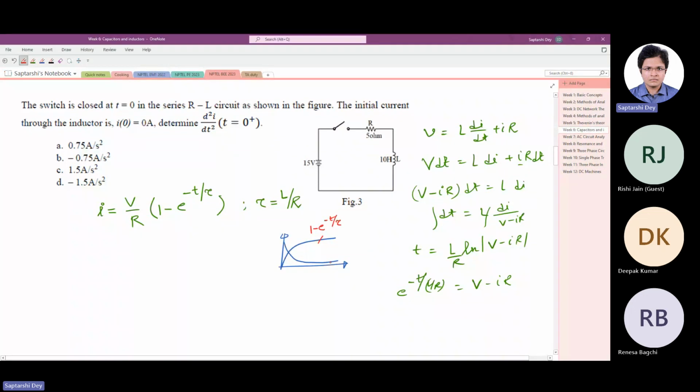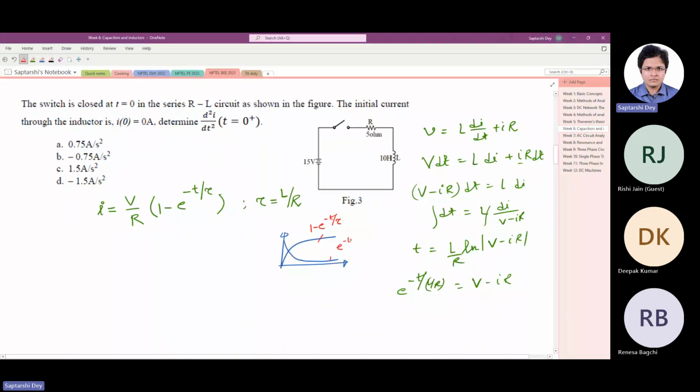On the other hand, this will be simply e to the power minus t by tau kind of response. Say for example, current through an RC circuit, it will be like this.